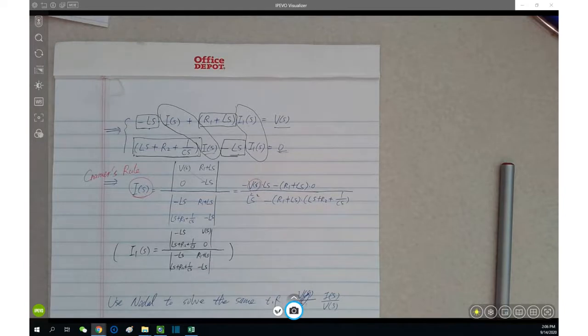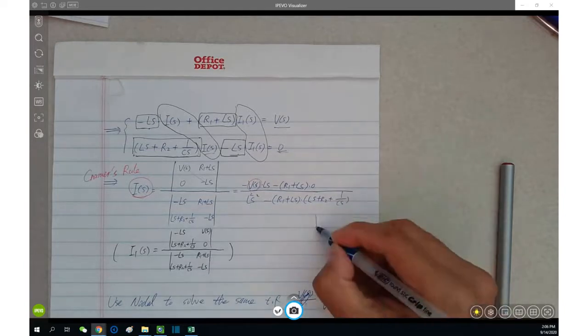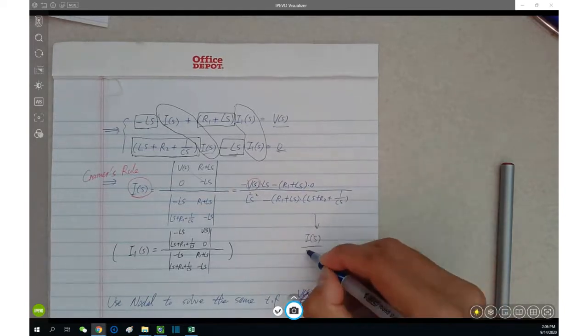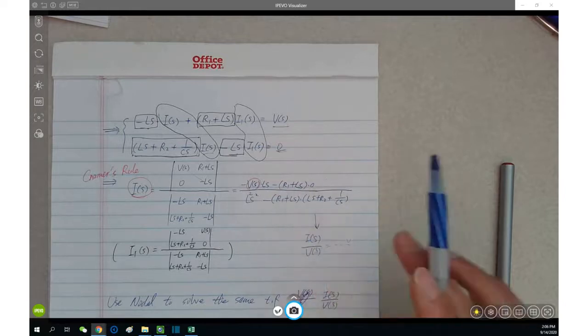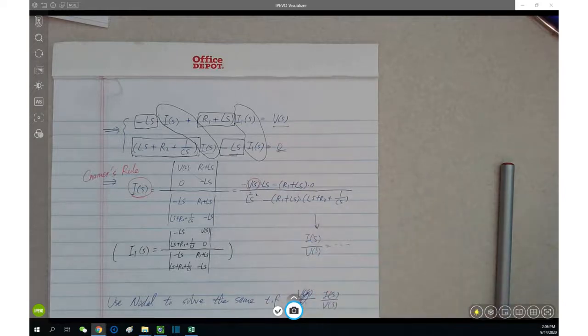What you can do? Just derive I over V equals to what? That's it. One equation, two unknowns, I of s and V of s. The rest of terms are all constant. So what you can do? Derive the ratio between them. Absolutely doable.